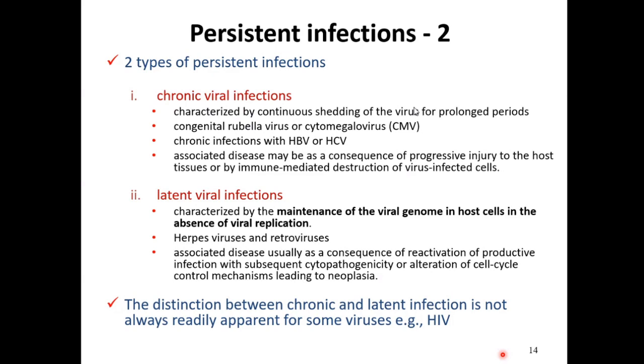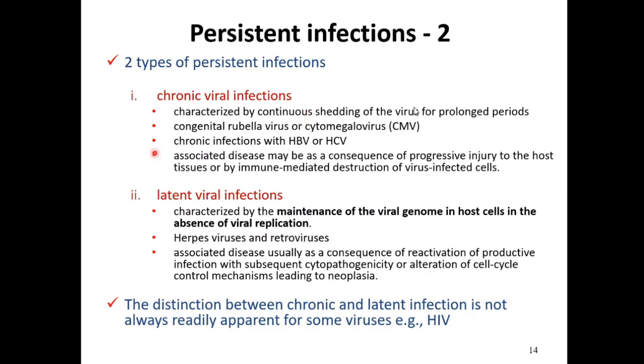There are 2 types. One we can differentiate, but normally it is not easy to differentiate. We have chronic viral infection, and you have latent viral infection. In latent viral infection, the viral genome in the host is not replicating. There is no replication.